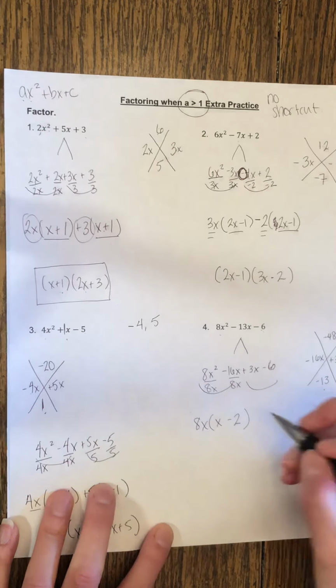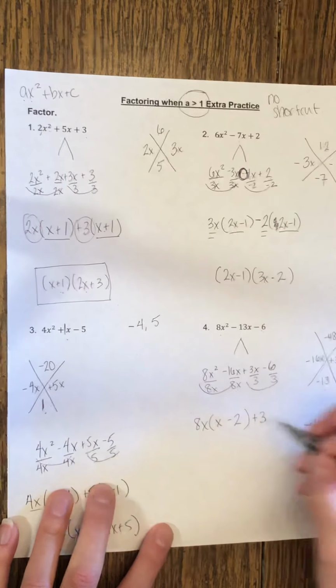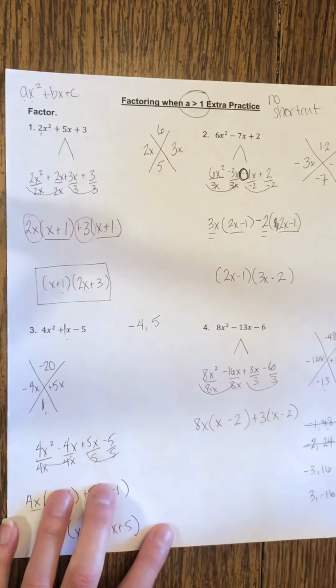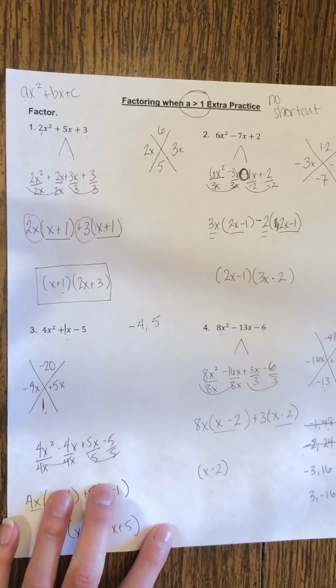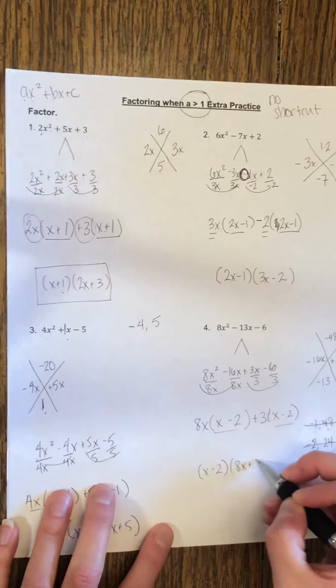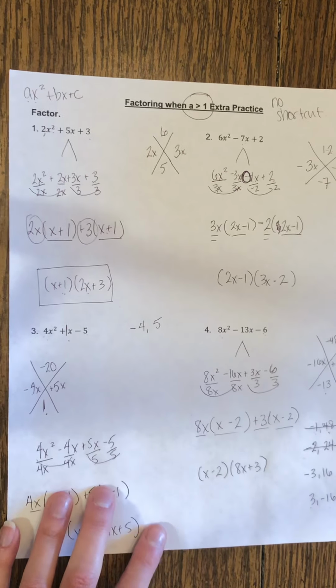In the second group, what's the GCF? That's going to be a 3. We're going to divide that out from everything in the second group. We do indeed get a common binomial, so that's part of my answer. And the last part comes from putting together the 2 terms in front of the parentheses.